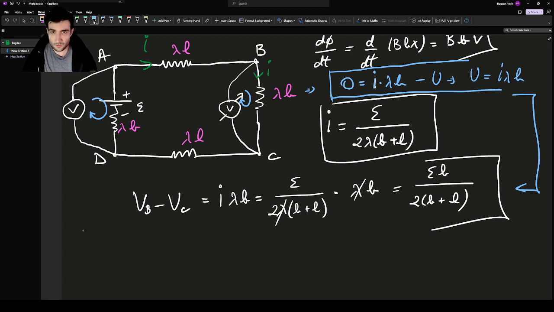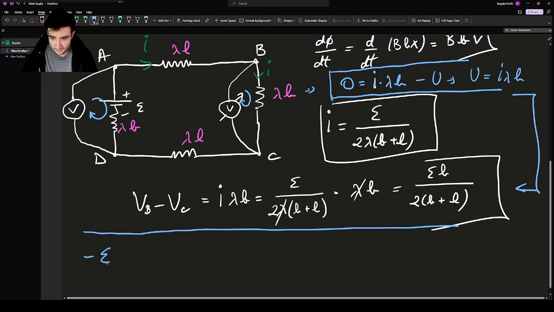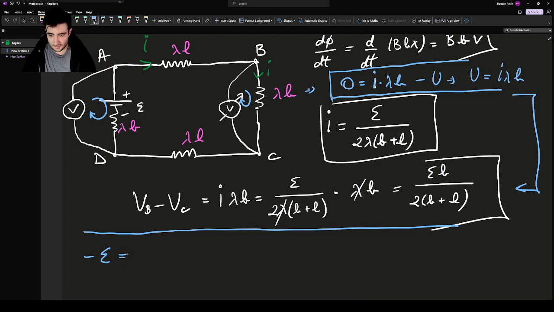So what we will have in this case is the following. We do have an EMF, which is going to be minus epsilon, because we're following the circuit from plus to minus, so there would be minus epsilon.